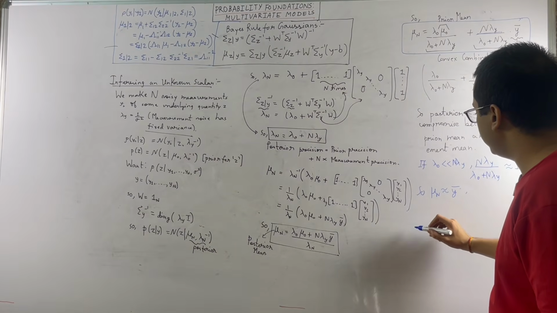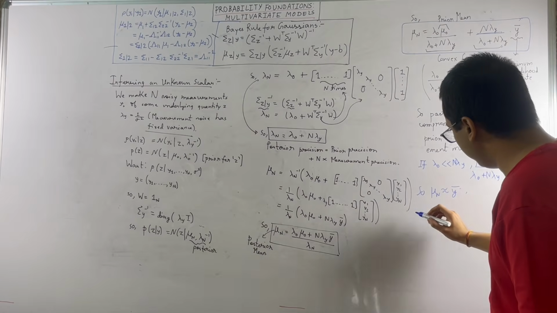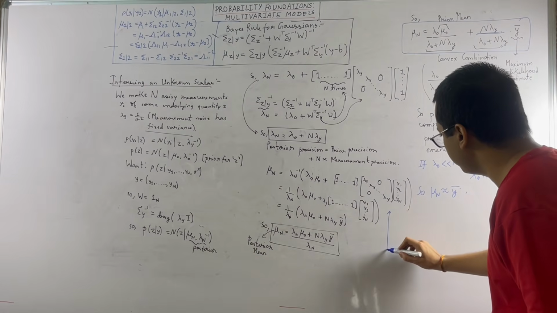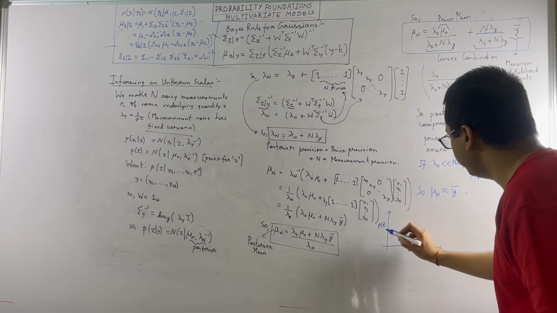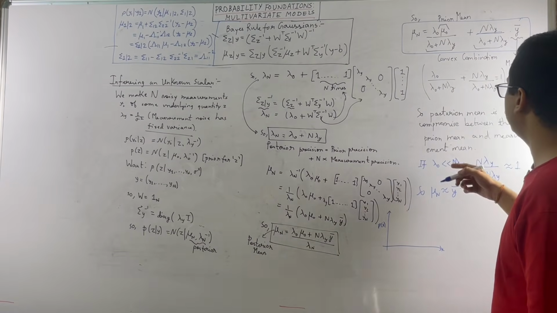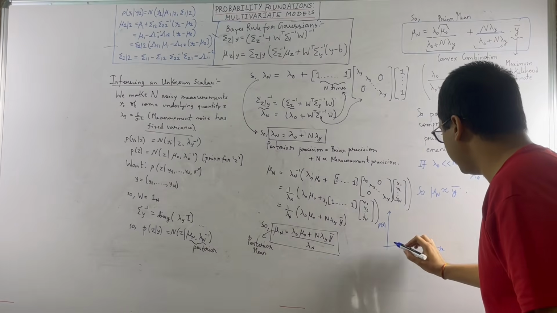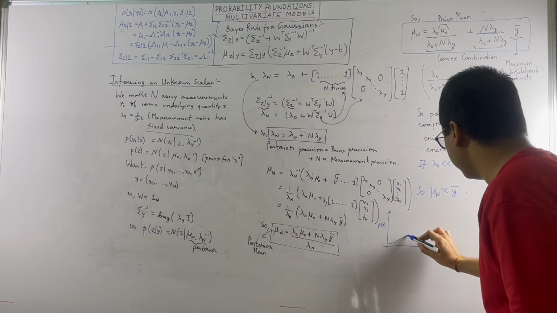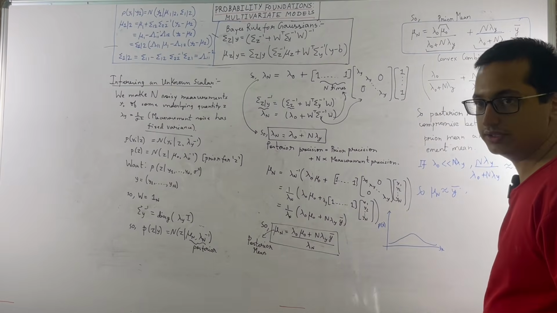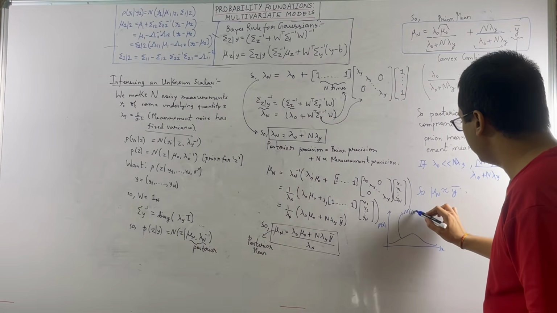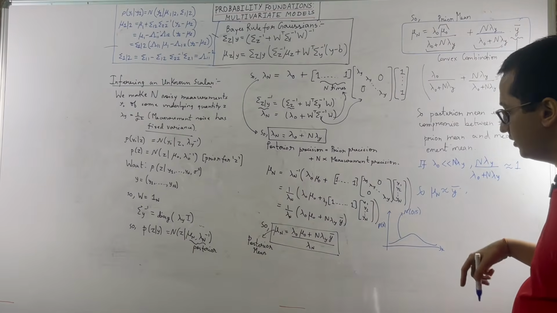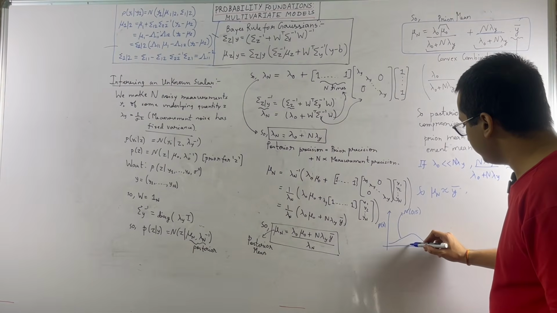On the other hand, if you consider a curve, let us say we have some density curve, and let us say this is p of x. Let's say the prior is very weak, a weak Gaussian with a higher variance, because higher variance means lower precision, right? And let us say this was my likelihood.